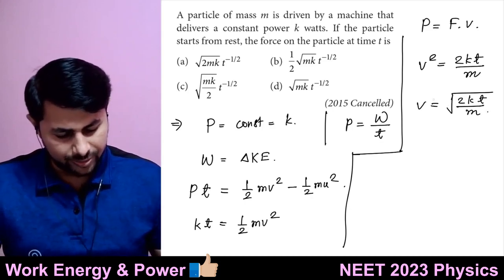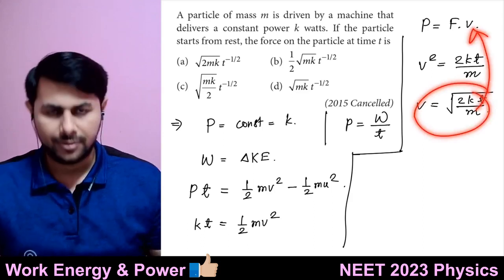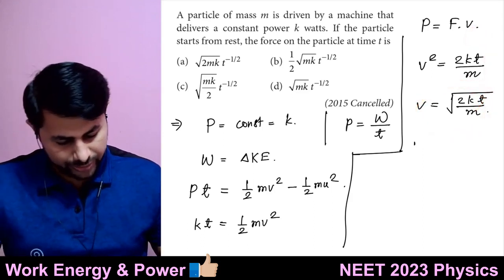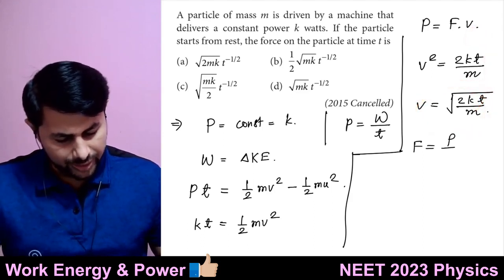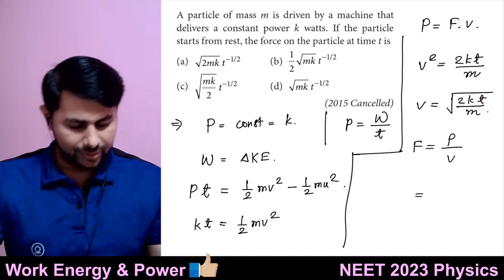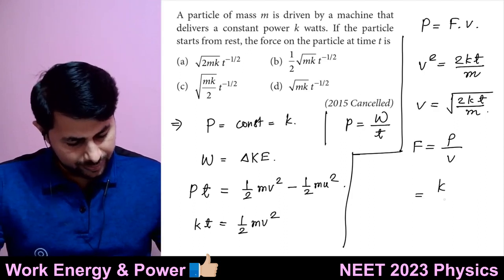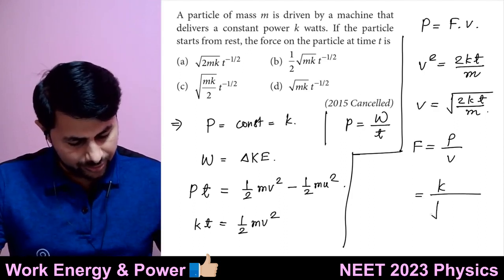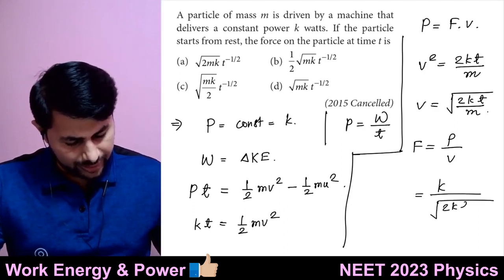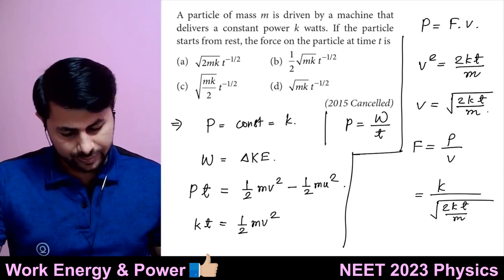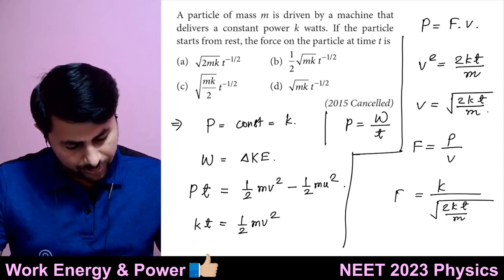And we can substitute this here. Okay, so force is equal to power divided by velocity. So what is power? Power is k divided by square root of 2kt upon m. Okay, this is the value of force.